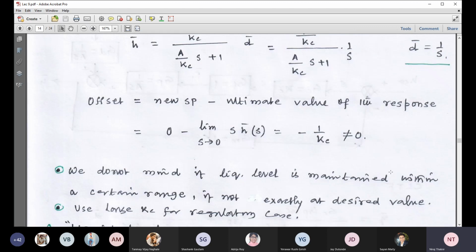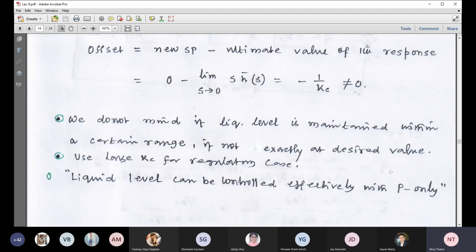So this process itself has some integral action. This is considered an exceptional case, so you can note down these points.